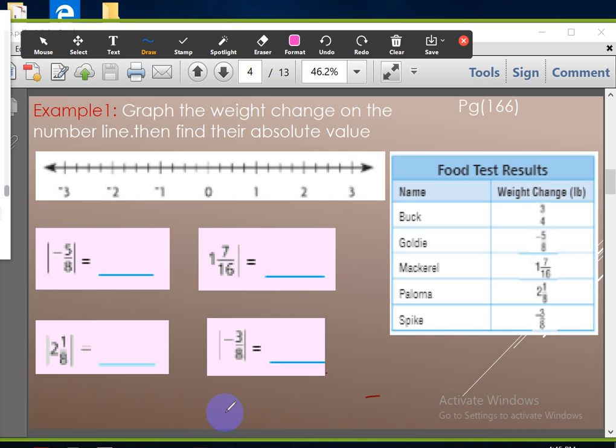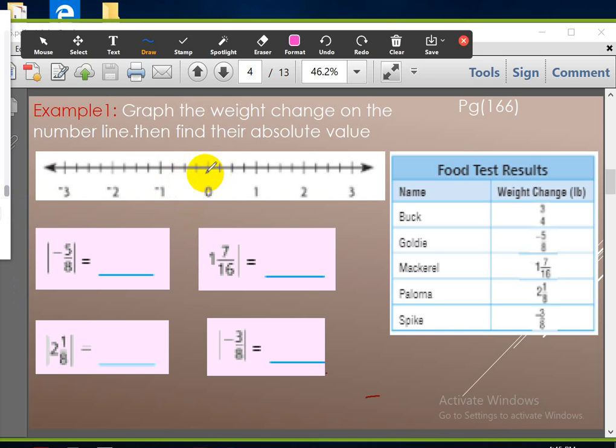The first one is, I think, -5/8. -5/8 will be between 0 and -1. If you divide the number line between 0 and -1, of course it will be on the left side, because the number is negative.